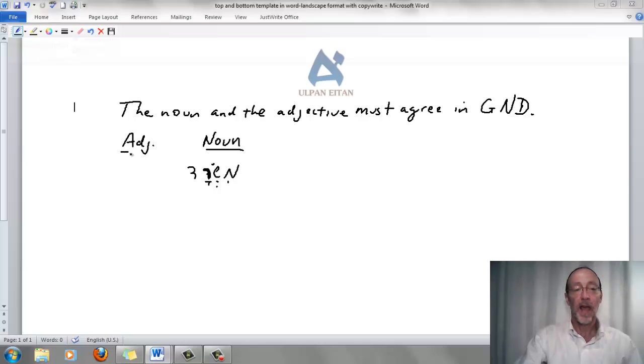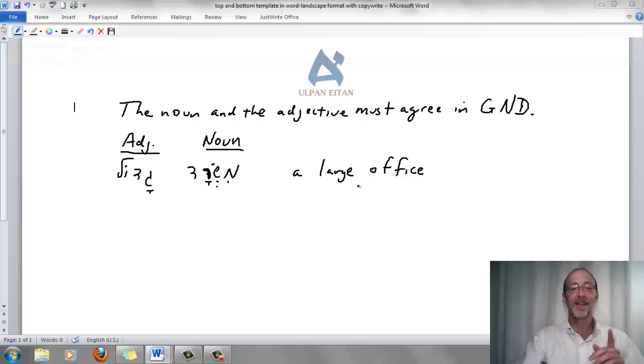We'll abbreviate that ADJ. And let's say in Hebrew the concept a large office. And reading right to left across the page, which is what we're supposed to do in Hebrew, misrad gadol.